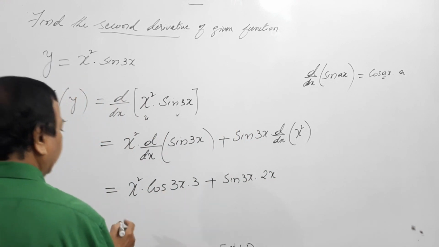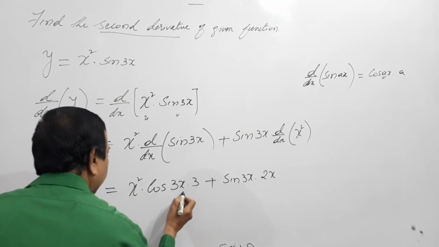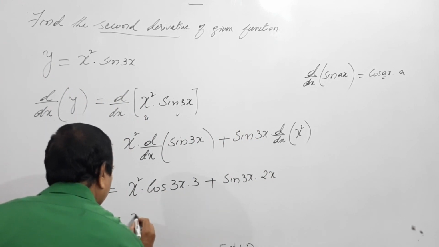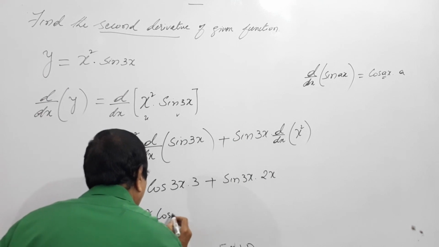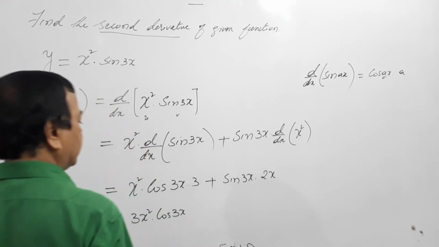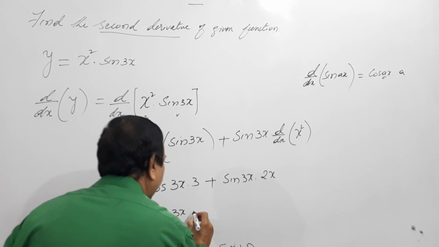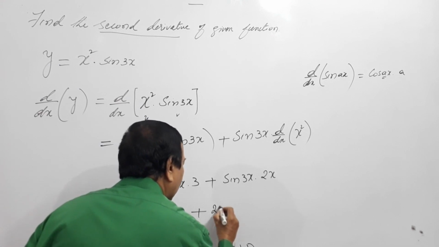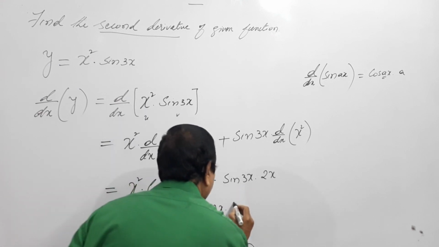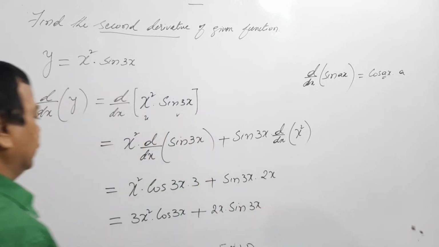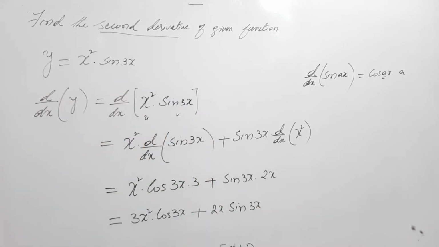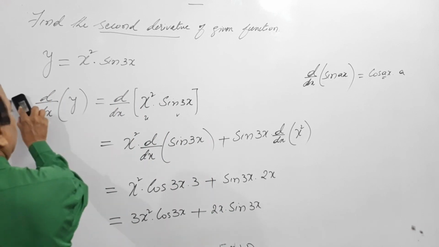I'll rearrange it. This 3 I'll bring here, that becomes 3x square cos 3x, plus 2x I'll bring here, this becomes sin 3x.